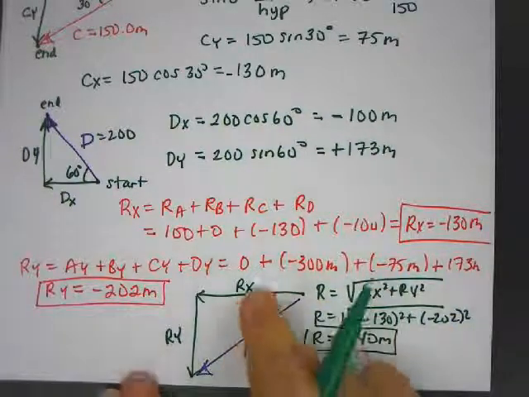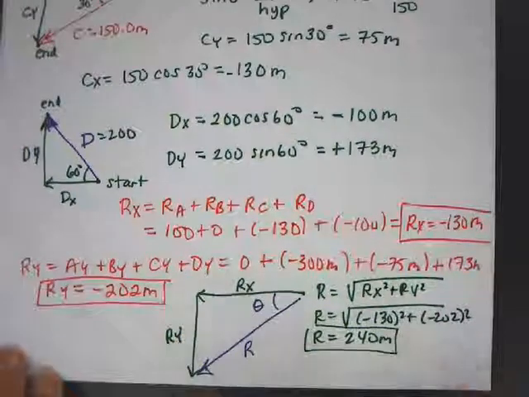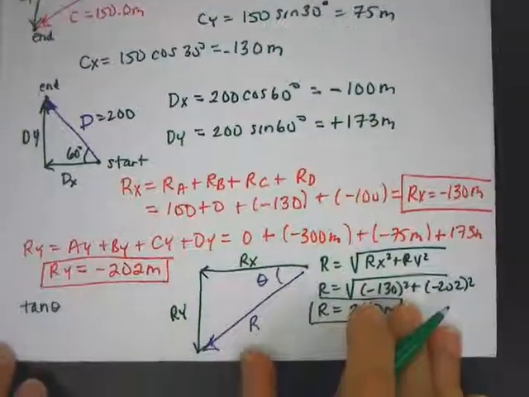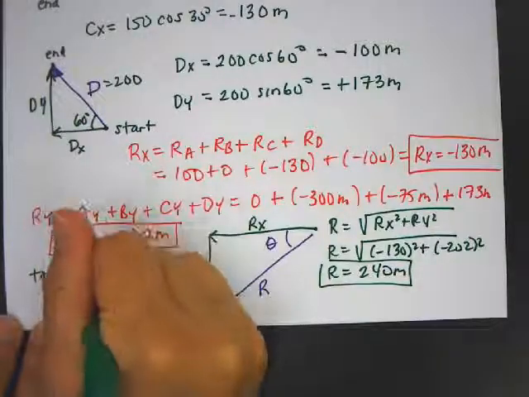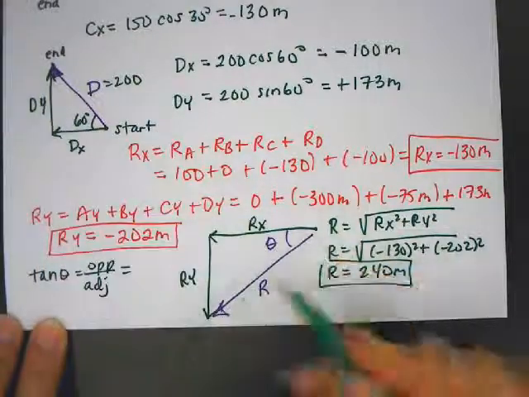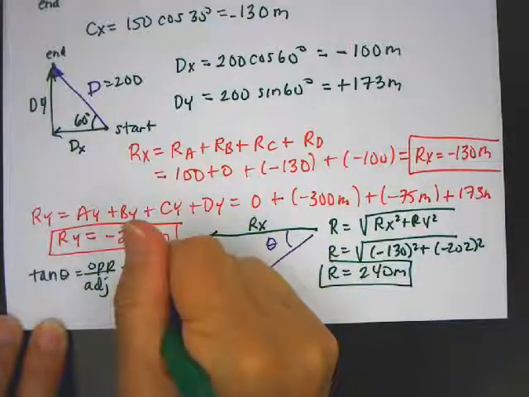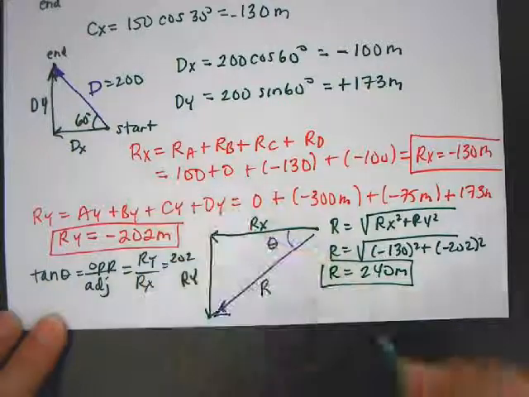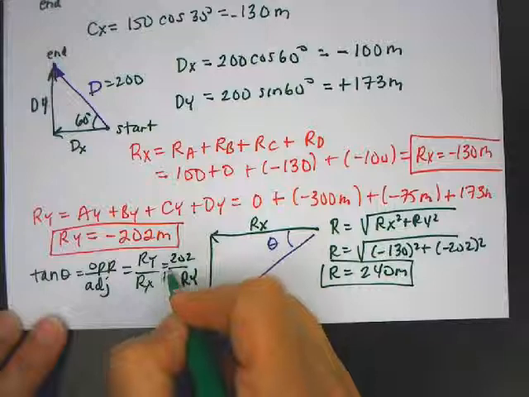So I have opposite, and I have adjacent, and I know opposite over adjacent is tangent. So I'll do this over here. Tan of theta is opposite over adjacent. So opposite is Ry over adjacent, which is Rx. So it's going to be 202 over 130.